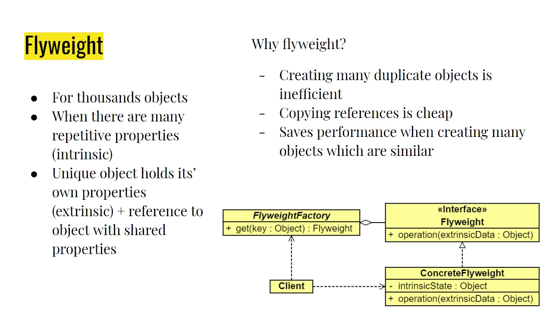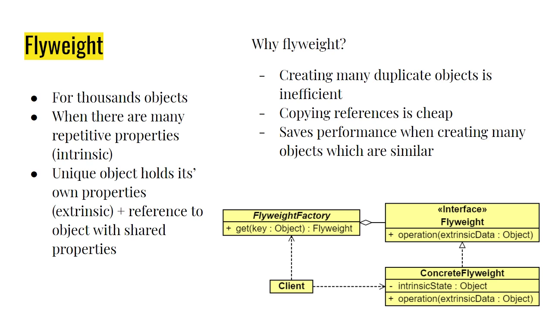So if you have billions of objects, but they're all the same except one property is different, for example, their name is different, but they're all rectangles of the same size, then Flyweight is perfect for solving the problem of how to optimize memory for storing this many objects.